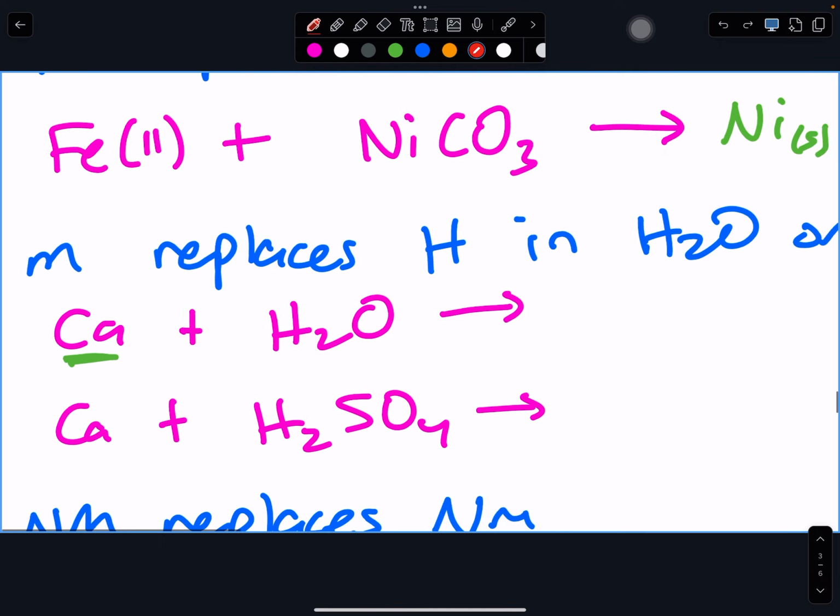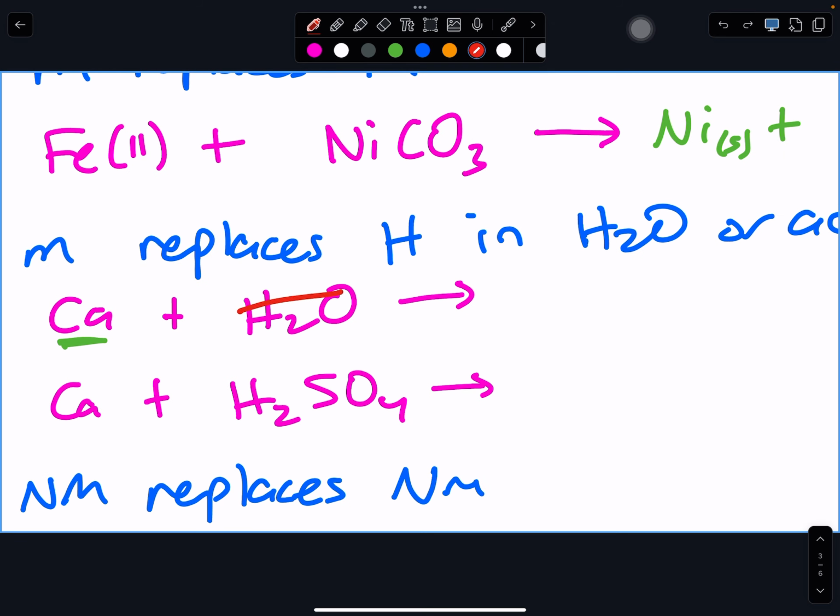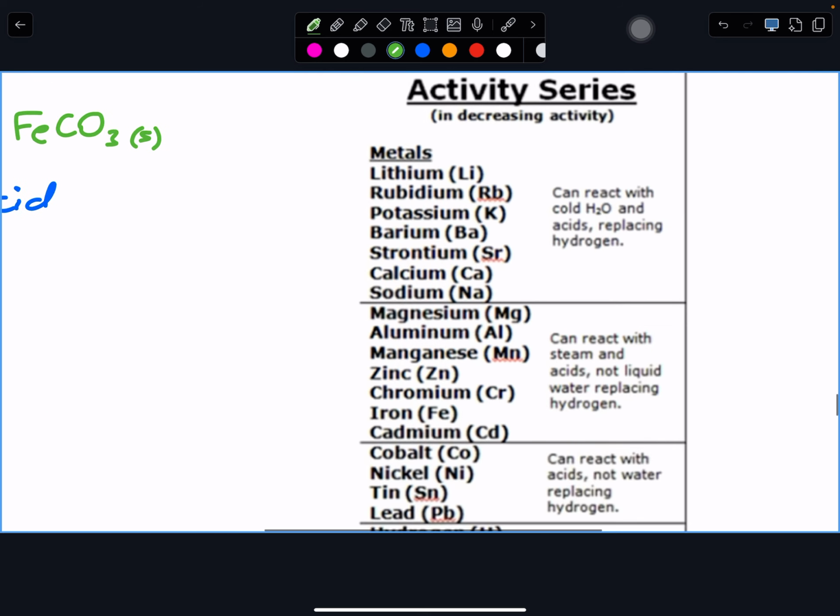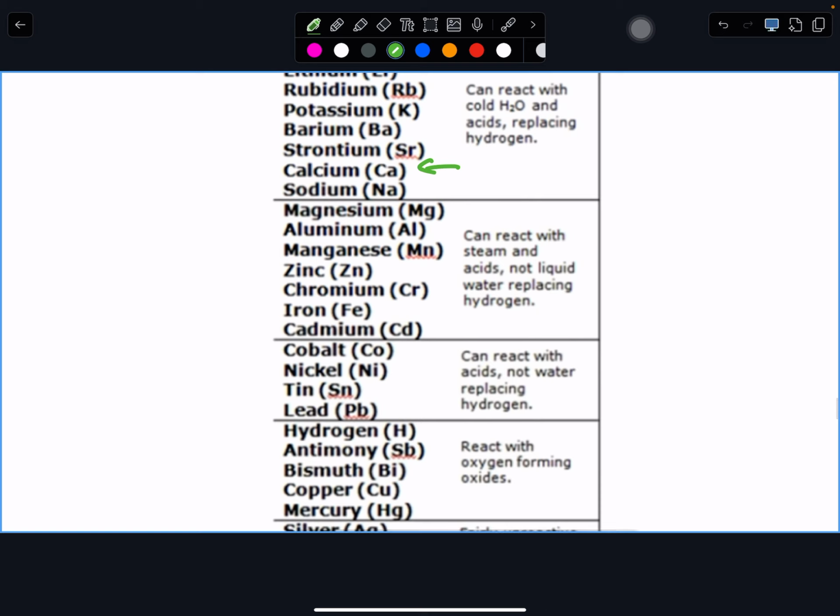So look over here. To get the formula of Ca, pretend we have HOH for a second. Again, calcium is replacing who? The H. OH is one thing, H is another thing, right? So H and Ca are switching. Can calcium and hydrogen switch?